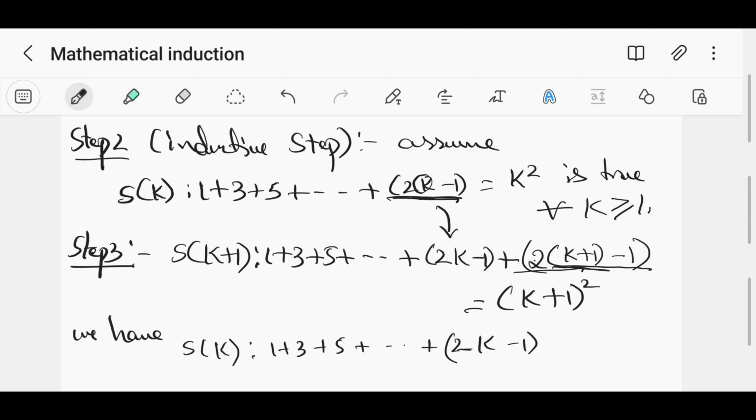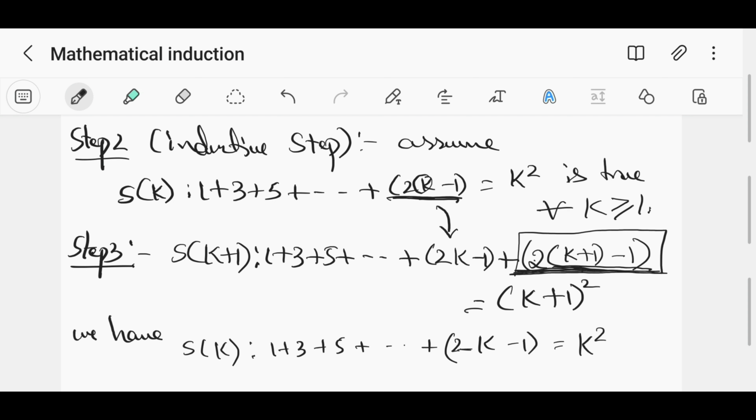This is equal to k square. So this is our step 2 here. Now what do we have to get? We have to get 2 times of (k plus 1) minus 1. So this term we have to get. So what do we do? We add on both the sides 2 times of (k plus 1) minus 1. That is, we are adding this term.